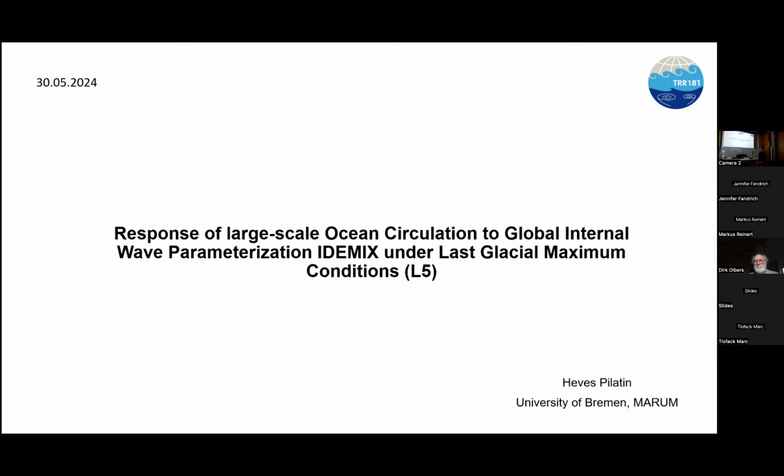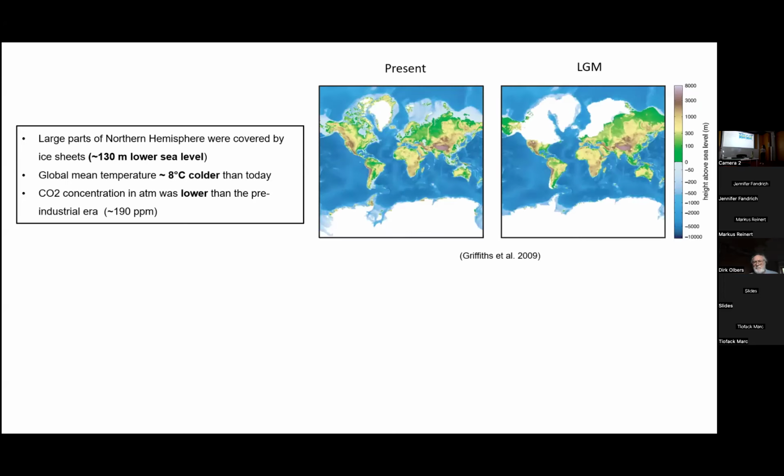My working period is the Last Glacial Maximum, which is like 21,000 years before the present day. Here you see the difference between the present day and the LGM. What we know about the Last Glacial Maximum is that most of the land was covered with ice sheets.